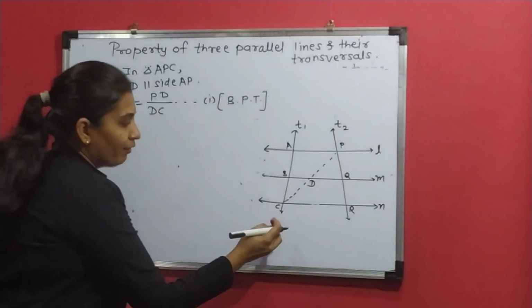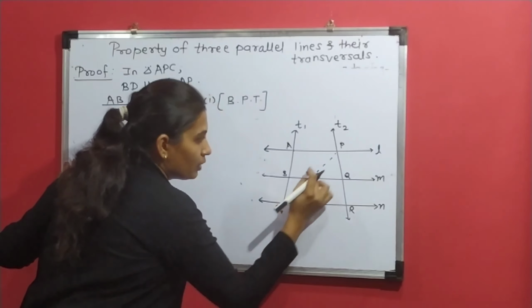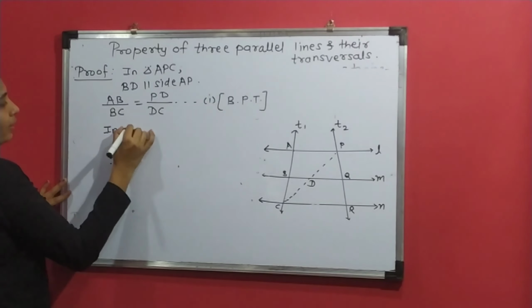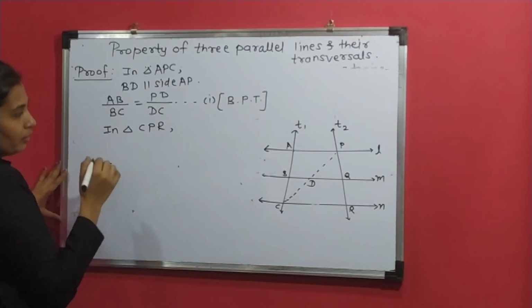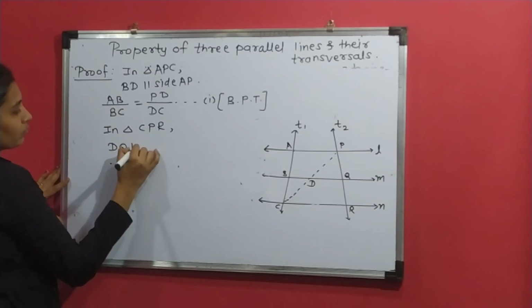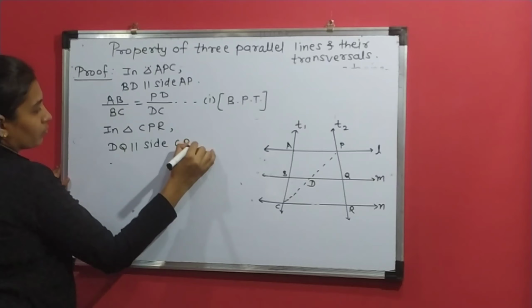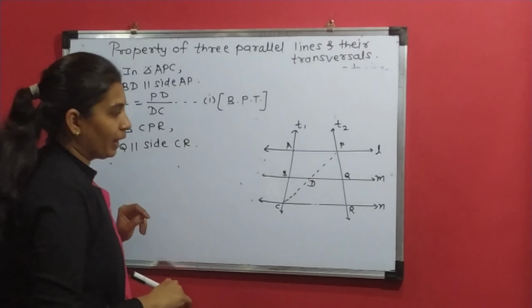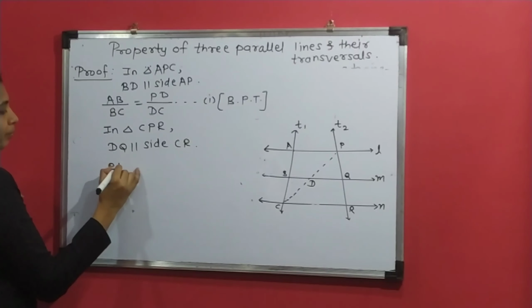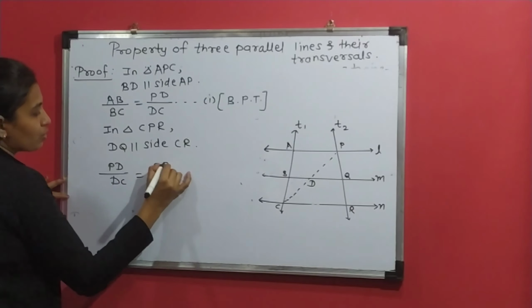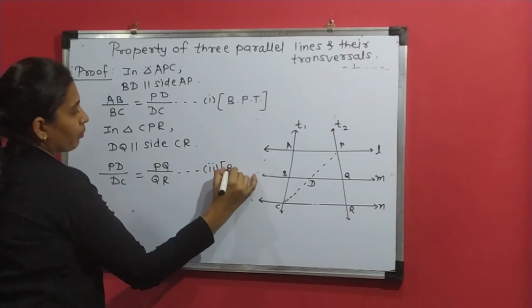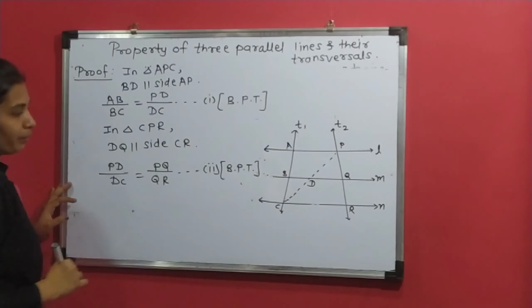Now next we have to take this triangle CPR. So in triangle CPR we have DQ parallel to CR. Therefore again BPT can be applied. PD upon DC equals PQ upon QR. Give it as number 2, basic proportionality theorem.